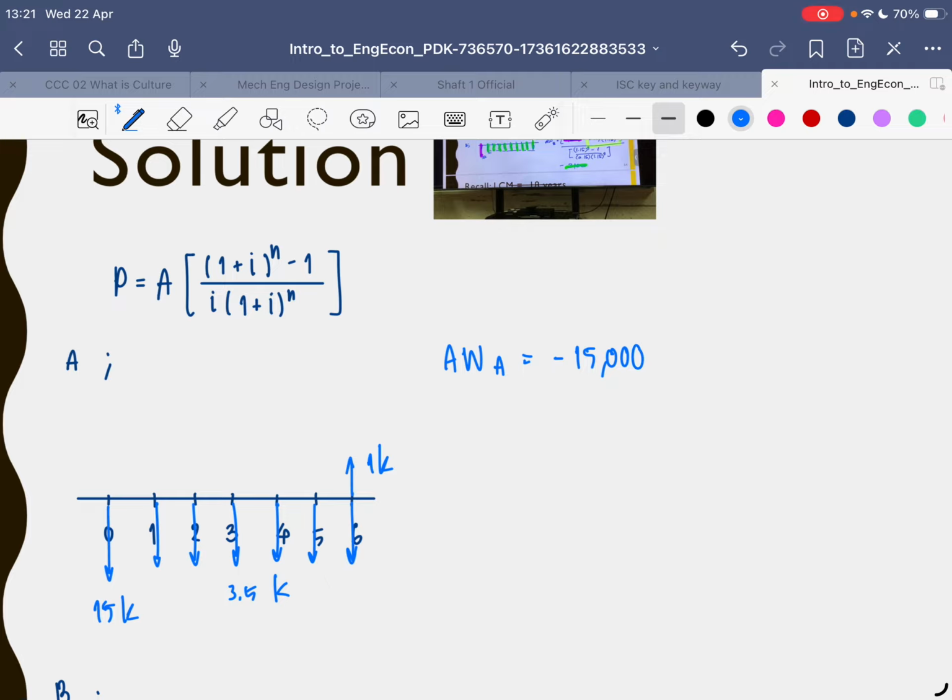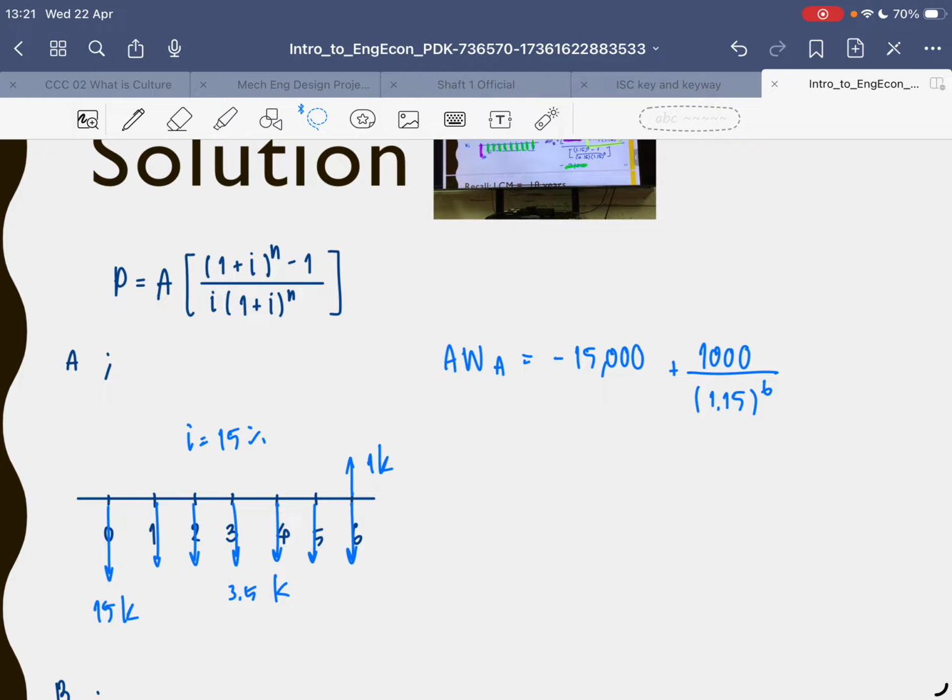I is 15%. Sorry, I is 15%. So divided by 1.15 to the power of 6. What I try to do here is I already have 15K at time 0. I have 1K at time 6. I divided this 1K by 1.15, which is 1 plus I, to the power of 6.